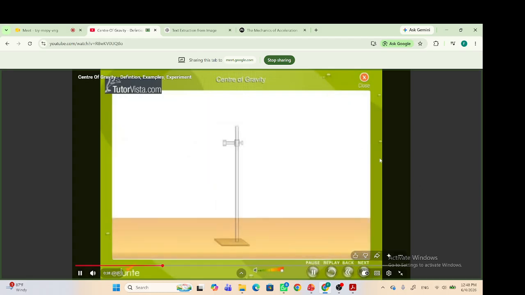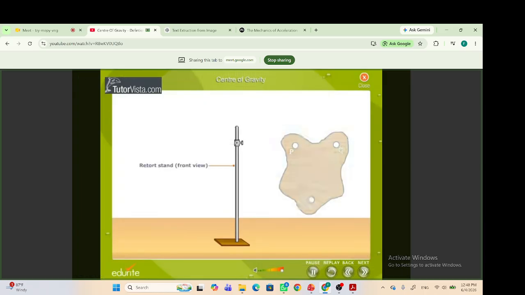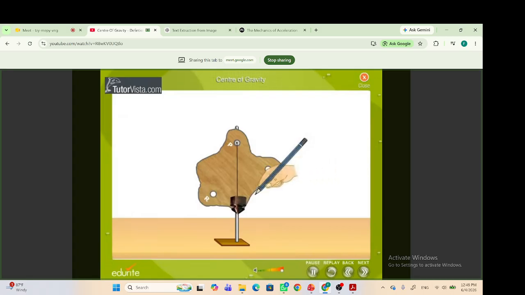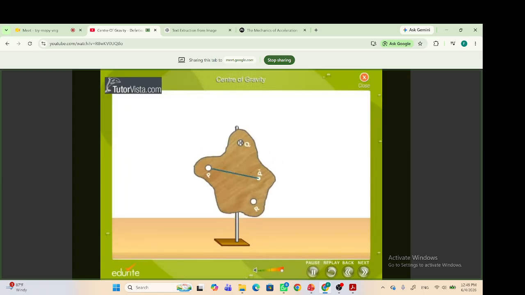Let us now determine the center of gravity of an irregularly shaped lamina using a plumb line. Make 3 holes near the edge of the lamina so that the lamina can swing freely when pivoted from each hole. Suspend the lamina from the point P as shown here. Hang a plumb line from the point P and mark the plumbing line PP' on the lamina. Repeat the experiment by suspending the lamina from Q and mark the plumbing line QQ'.